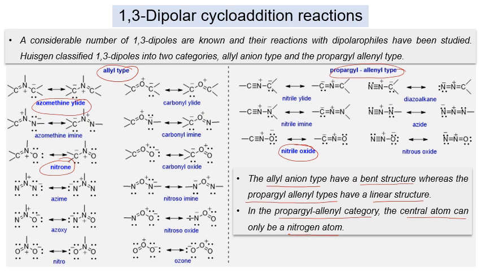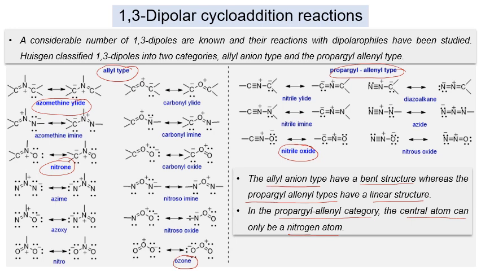Very importantly, we had seen in our previous courses the reactions of ozone, in which we had described the ozonolysis reaction as a 1,3 dipolar cycloaddition, leading to the formation of a monozonide and resulting in the oxidation of alkenes.